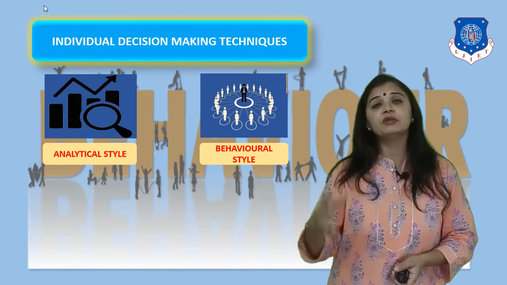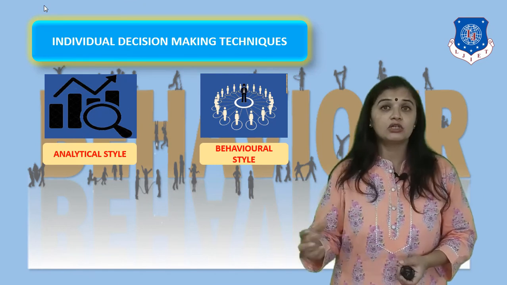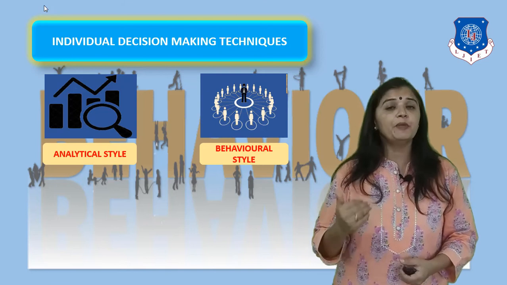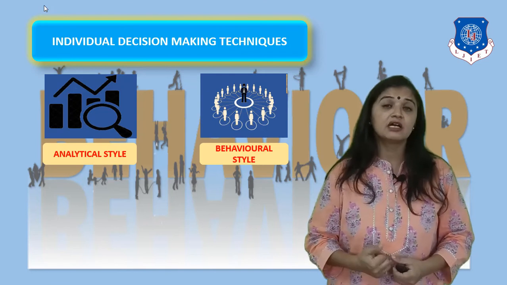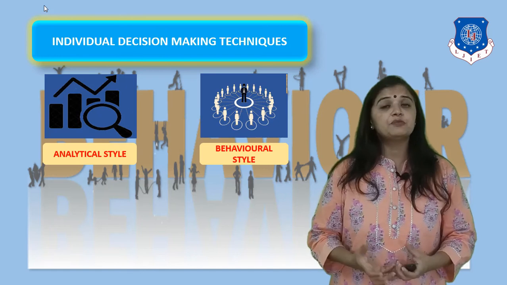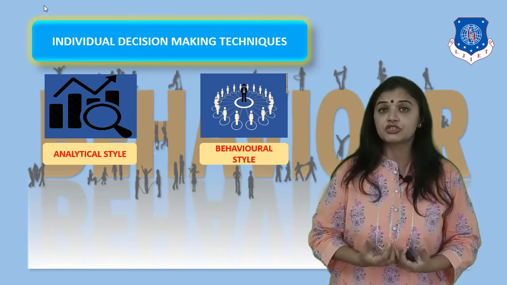People who have the behavioral style generally look at the outcomes from the point of view of others. They want to make decisions in a manner which will not affect others adversely. So such people consider other people while they make a decision.